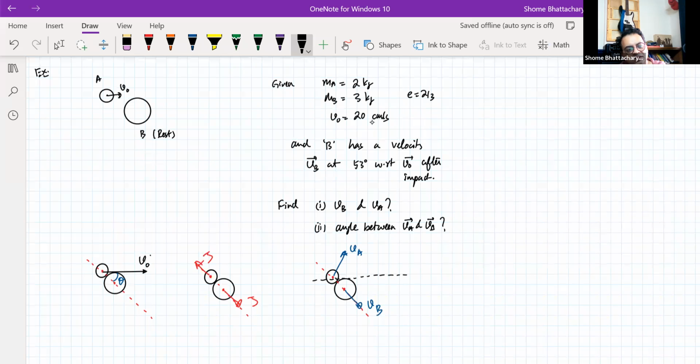So this angle is the same theta as that one. So from this information, you can see that theta is equal to 53 degrees. Okay. So now let us do that only. We'll take this as our x-axis and this as our y-axis.